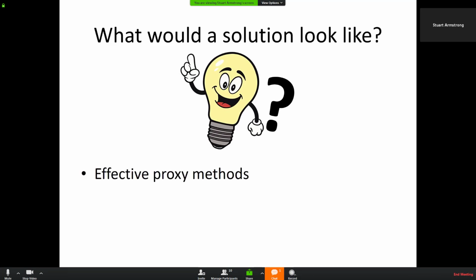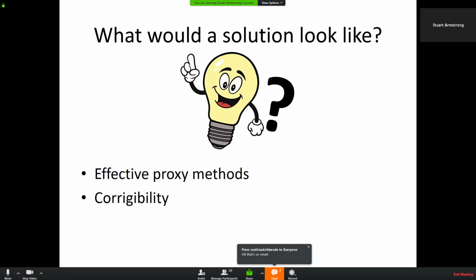Effective proxy methods, which are most of the methods that people suggest, like putting Nick Bostrom in a room for 10,000 subjective years to think of things, or having people write what they want and somehow synthesizing from that. These don't measure preferences directly, but they are proxy measures, and we're hoping that we can get them to work out.